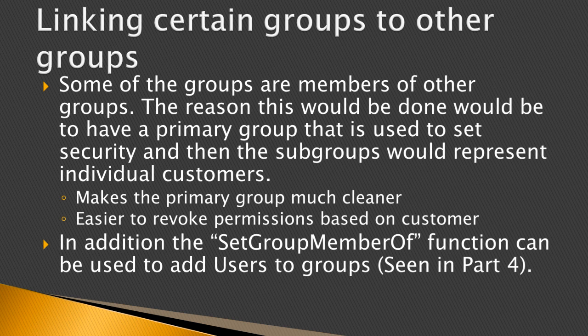So essentially, this allows us to make the primary group much cleaner. Instead of having 50 different customers and all individual users inside this one massive group, we're able to split it out with other groups and make it much cleaner inside of the primary.